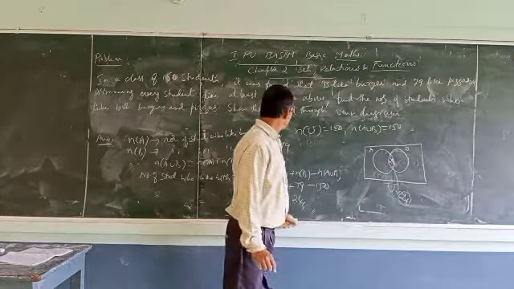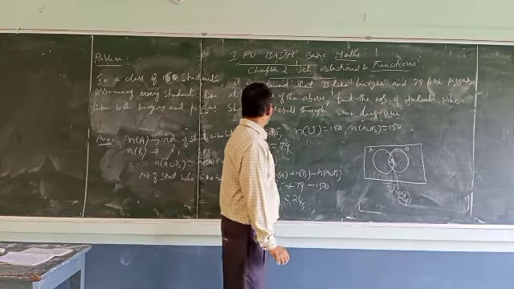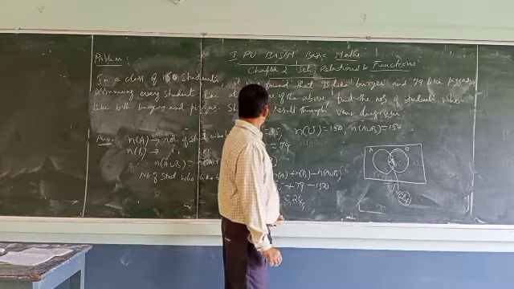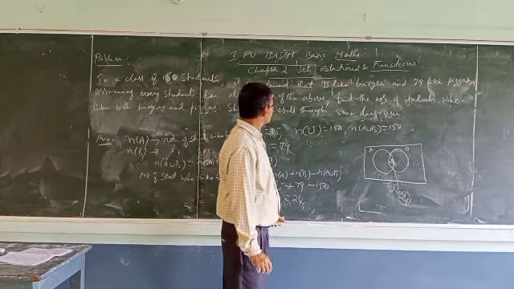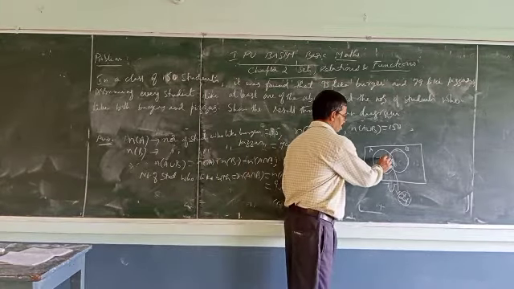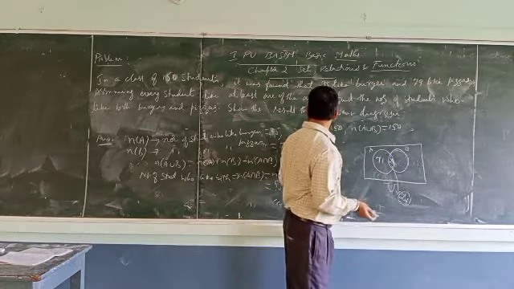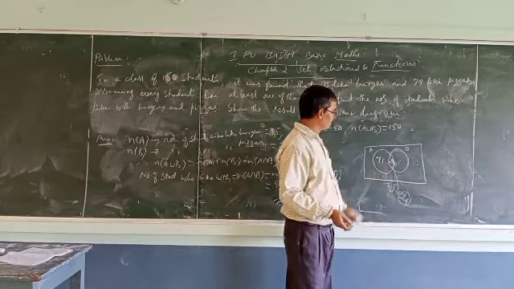Total A is how much? N of A is 95. So 95 minus 24, that is 71. Here 71. Total 95, 71 plus 24.